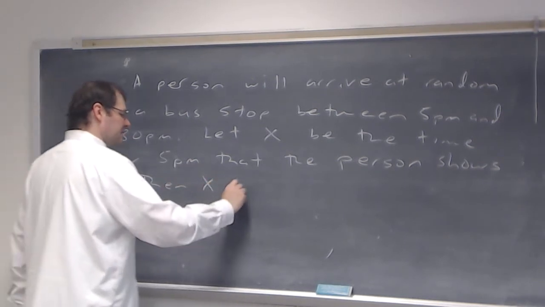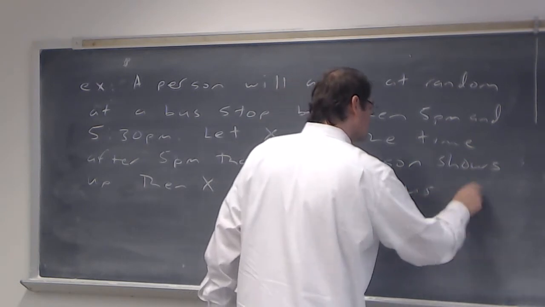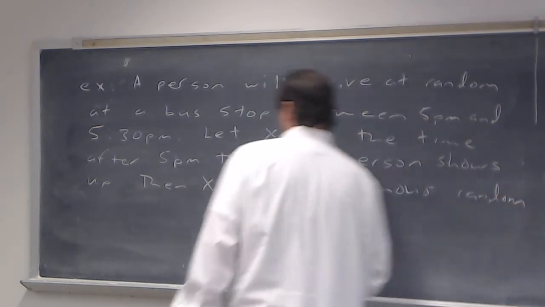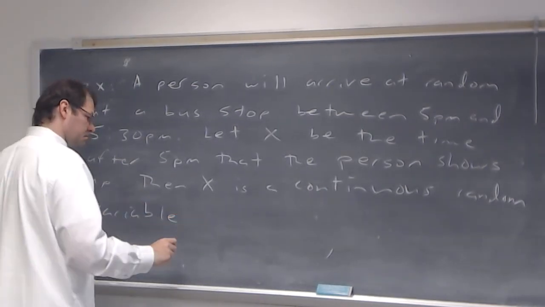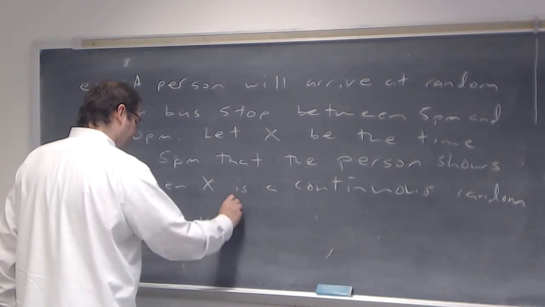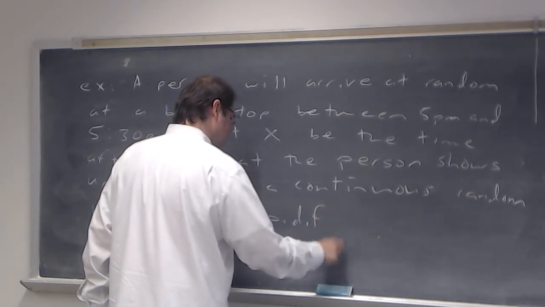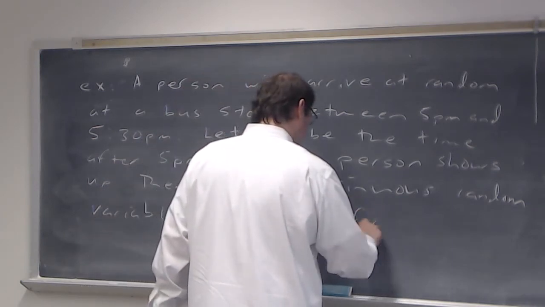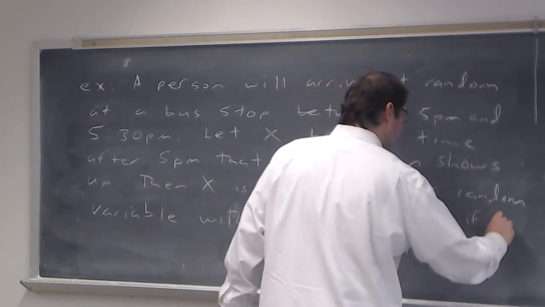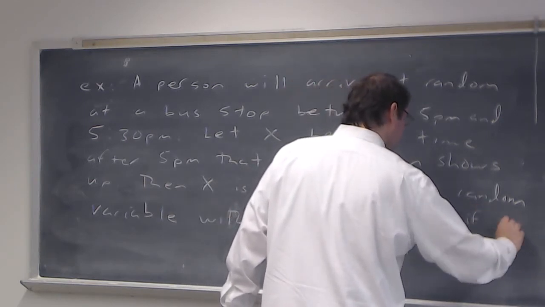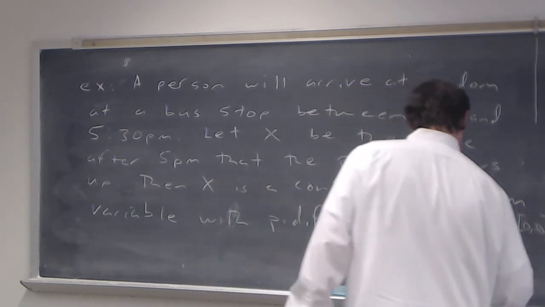Then x is a continuous random variable, and in particular, with PDF f of x equal to 1 over 30 if x is an element of 0 to 30, and 0 otherwise.